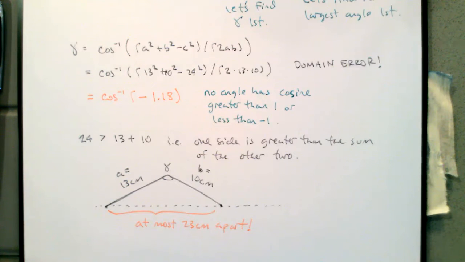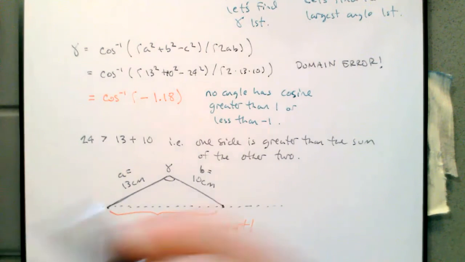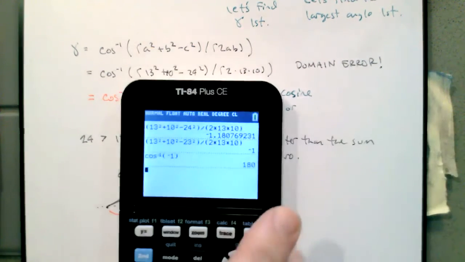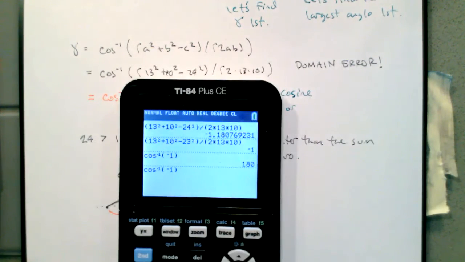A valid question would be just regarding strategy. Usually I say just go for the biggest angle first. What if we went for the smallest angle first? What if we switched the role of the 10 and the 24? If we put the 24 in for A, and then put the 10 in for B, but then instead of 13, it would be 13 times 24.